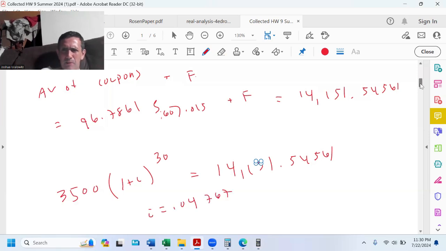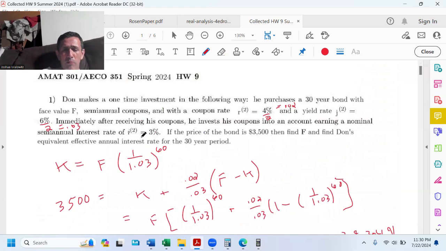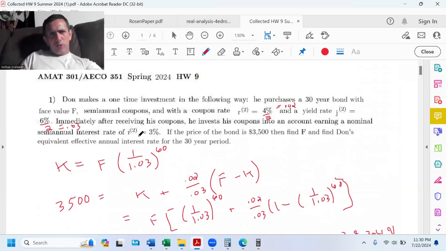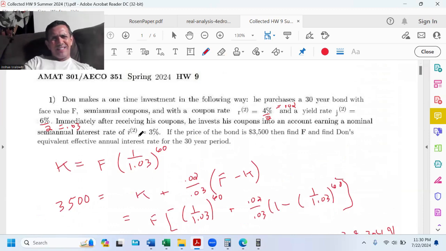Yeah, some people did something weird. They took like 3% and converted it to an annual interest rate, which doesn't make any sense because we're finding the equivalent effective annual interest rate for this entire investment, right? So a lot of moving parts in these bond problems, but that's kind of the point.